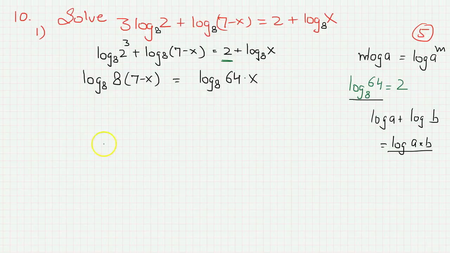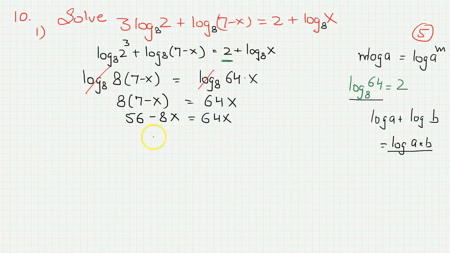So now as we have log on both sides, we can cancel the log. So we are having 8 times (7 minus x) is equal to 64x. 56 minus 8x is equal to 64x. 56 is equal to 64 plus 8, 72x.